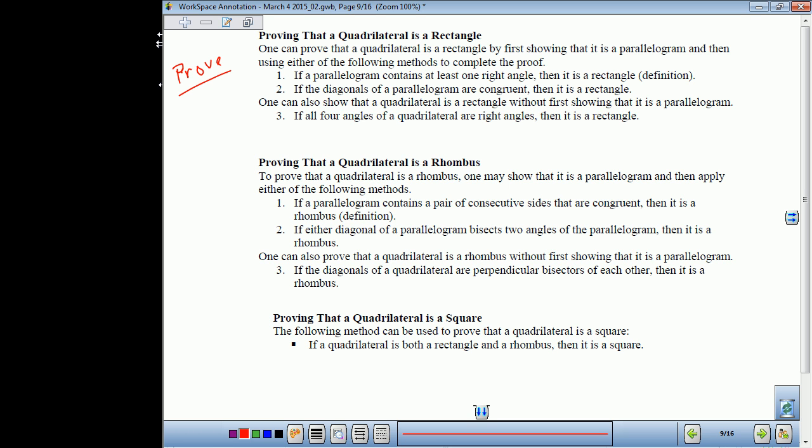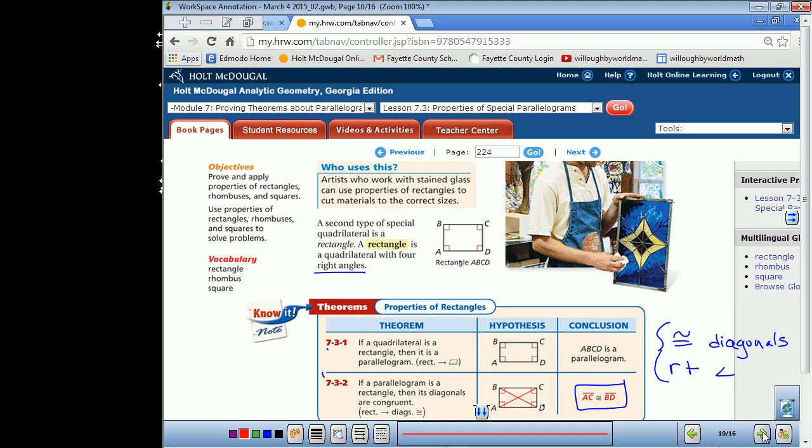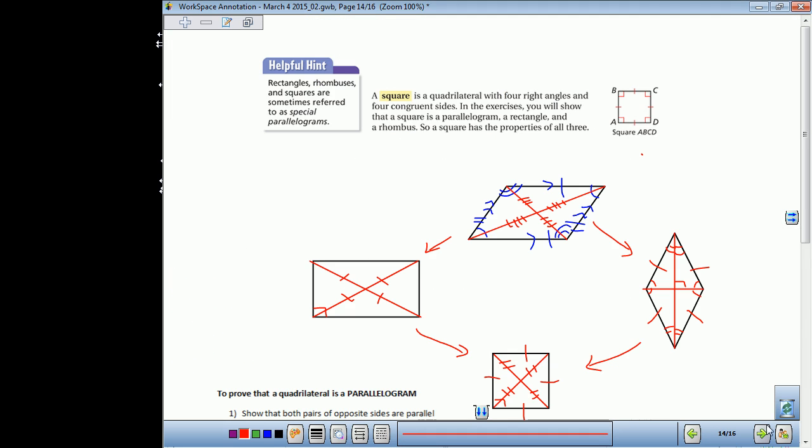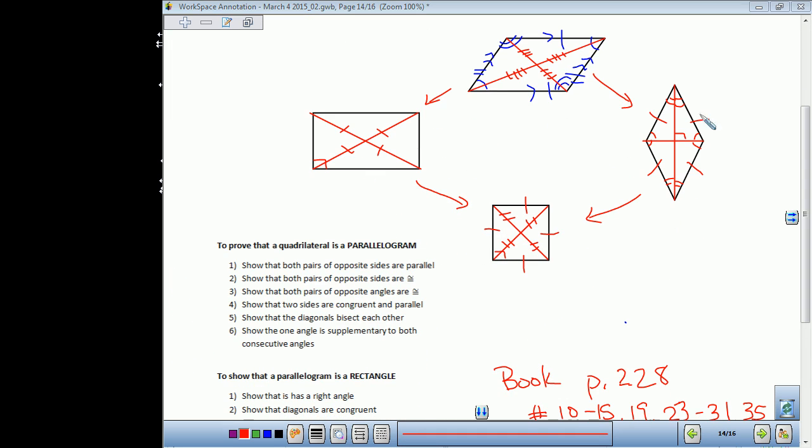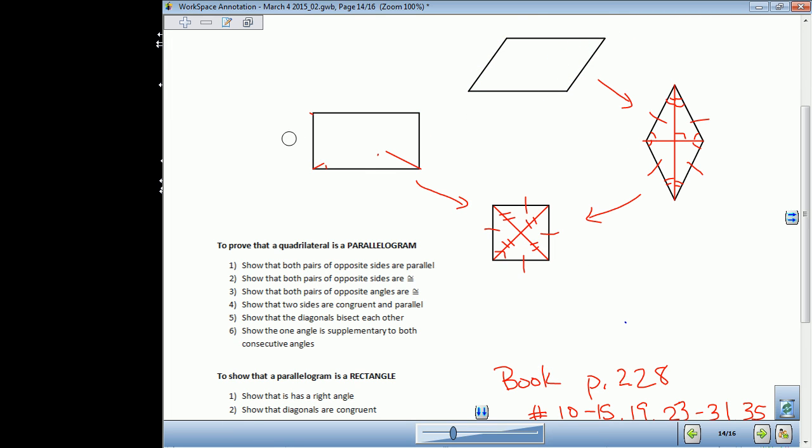All right, today we're going to go back and revisit rectangle, rhombus, and square. Okay, let's see if we remember everything about the parallelogram. Let's erase it all and start from nothing.